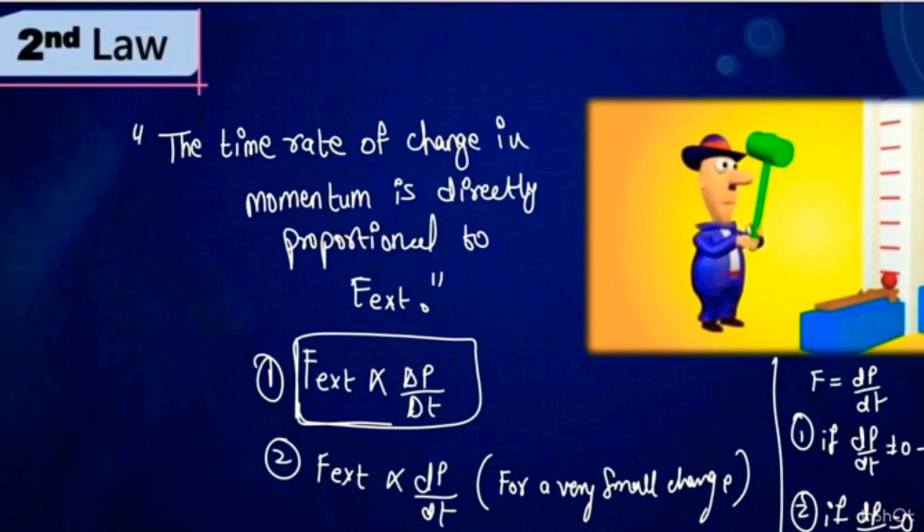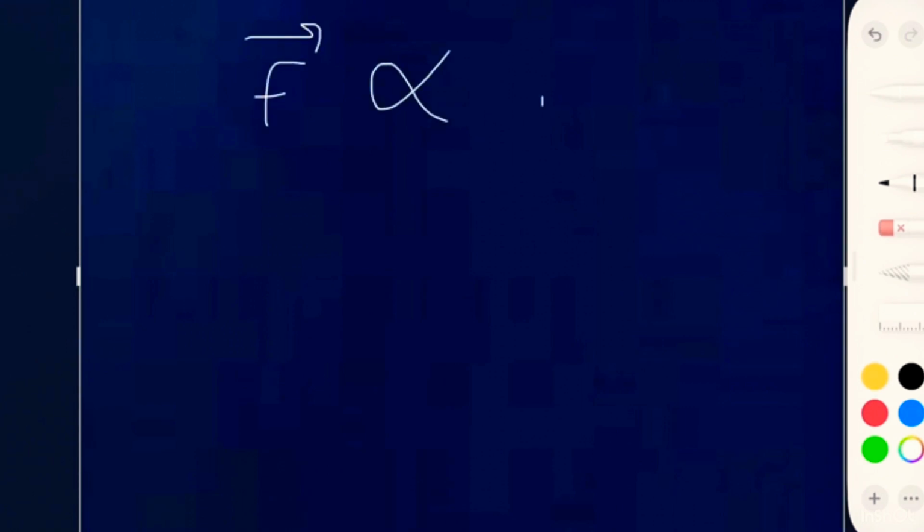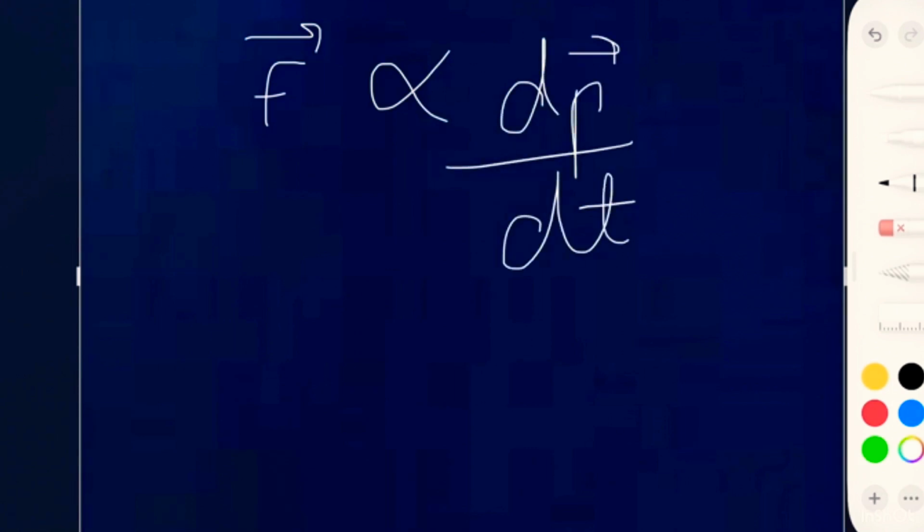Let's see the derivation of this formula, because many of them don't know it. The net force acting on the object is directly proportional to the change of linear momentum. So F bar is directly proportional to dP bar by dt.